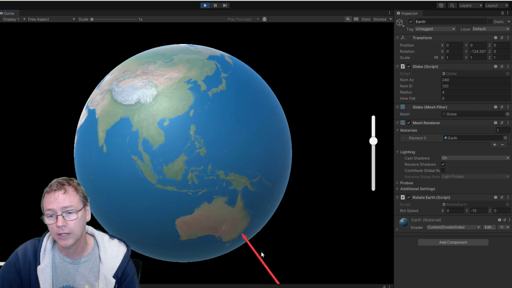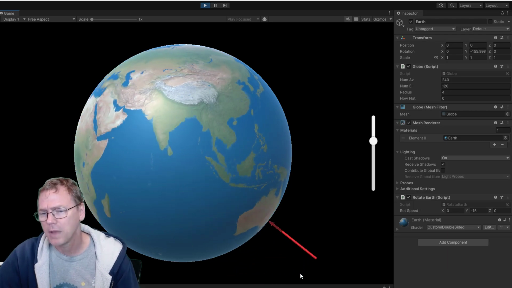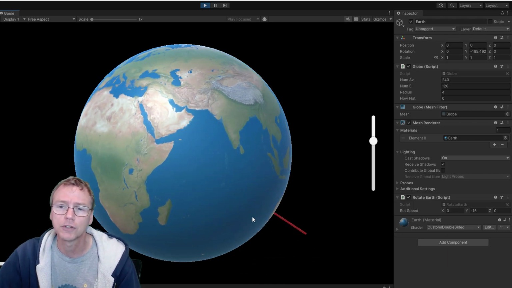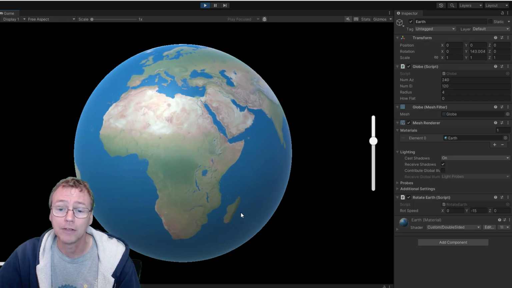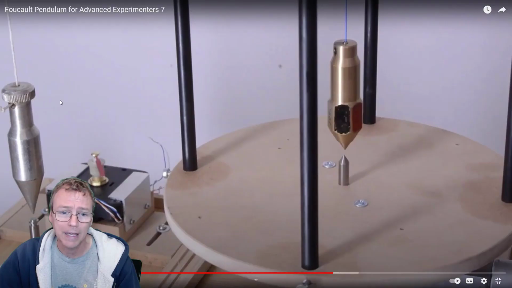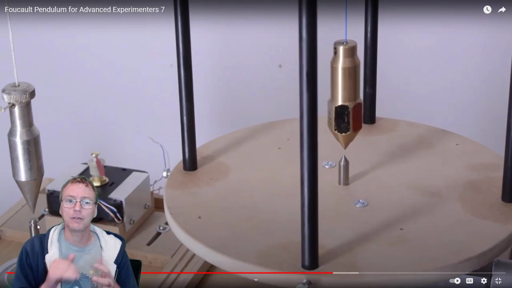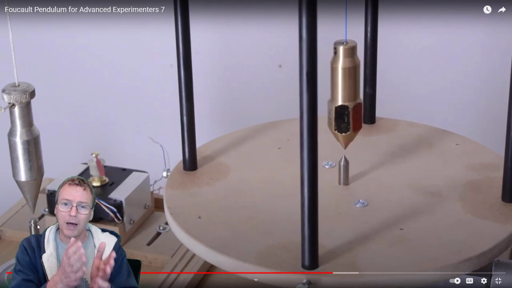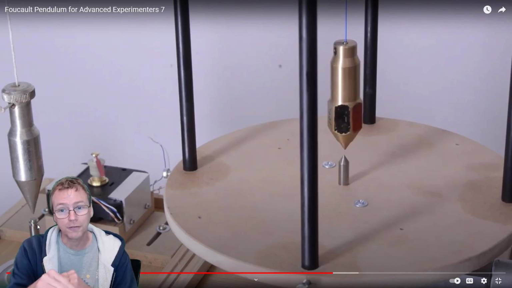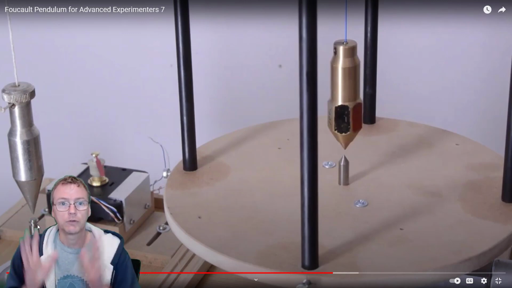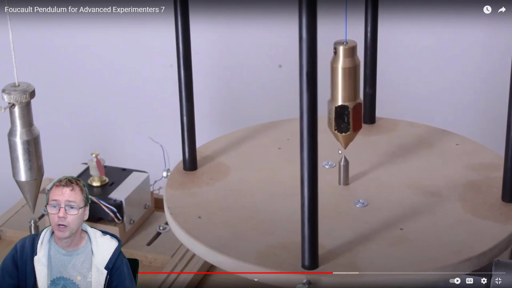If the surface rotates, the gravity vector remains perpendicular to the surface at that point. And these plumb bobs are hanging in that direction. So that's why we do not expect to see any deviation of the plumb bob relative to the surface as we rotate. But how about this one?